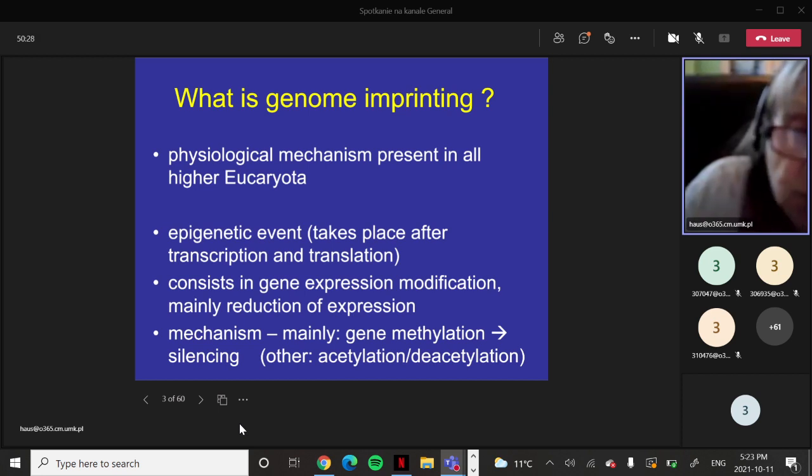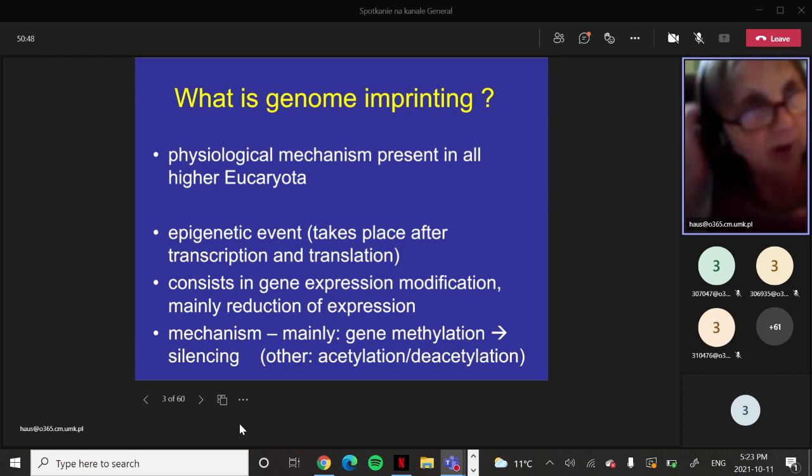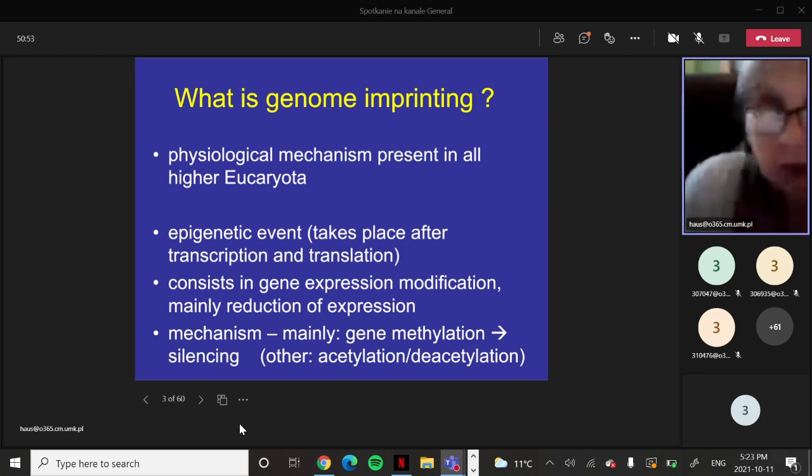It consists in gene expression modification, but mainly a reduction of this expression. The main mechanism of genome imprinting is methylation of genes, which means linking with methyl groups.